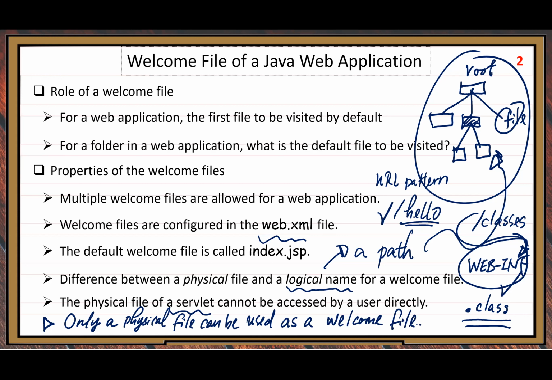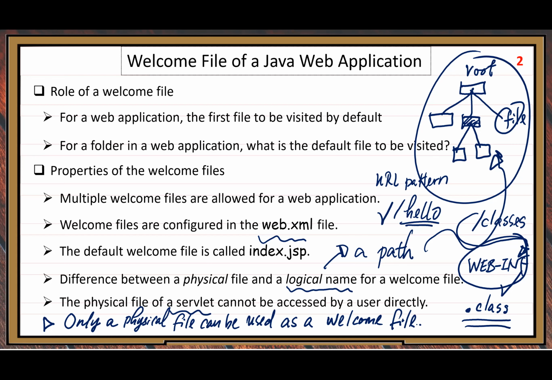This rule is important. You cannot use a logical name as a welcome file. It's not allowed because the server, Tomcat, needs to locate a physical location to bring up this file.